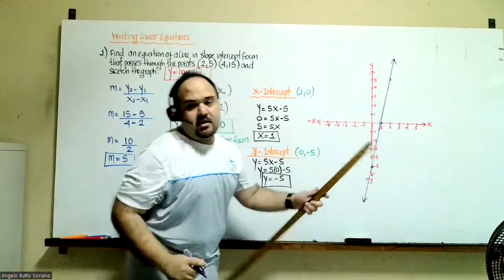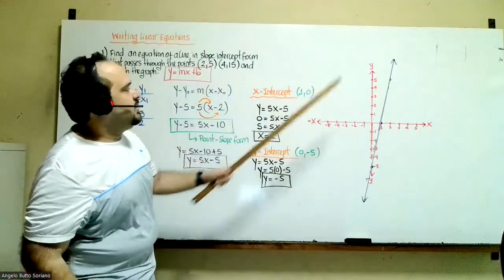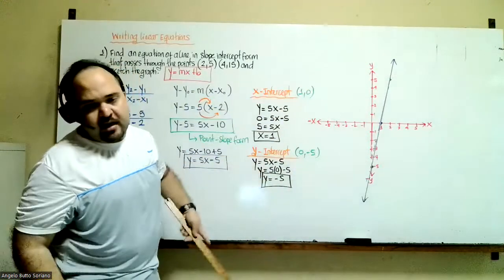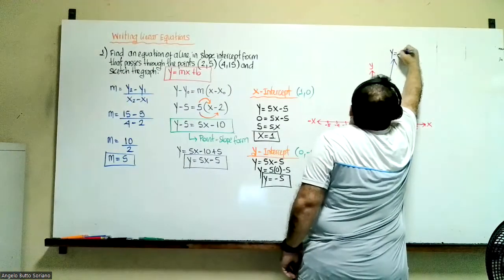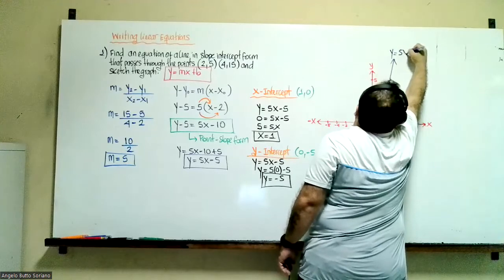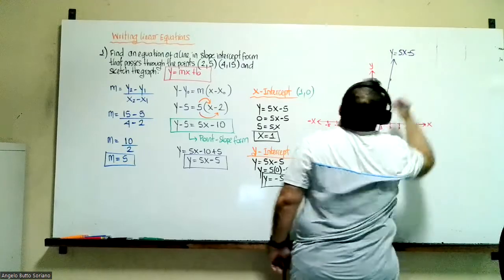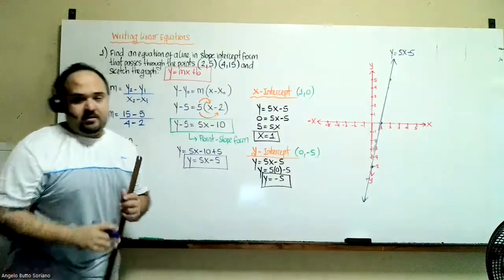If you wish, you can write the equation in slope-intercept form, which is provided by y equals 5x minus 5. And that's it. That's all that we have to do.